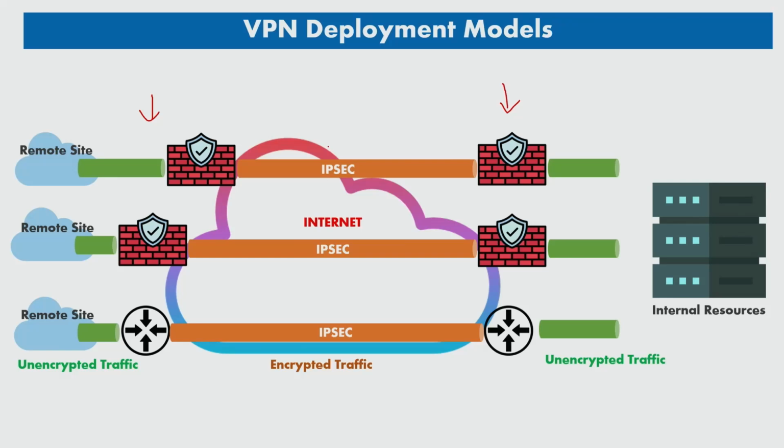In the site-to-site VPN, hosts don't use client software. Instead, they send and receive regular TCP/IP traffic, as shown here in green, through the VPN gateway. It could be a Cisco IOS XE router, a Cisco ASA firewall, or a Cisco Firepower Next-Gen firewall, as shown in the diagram.